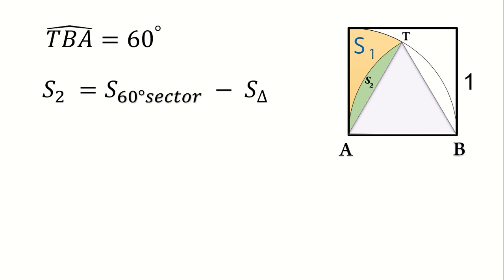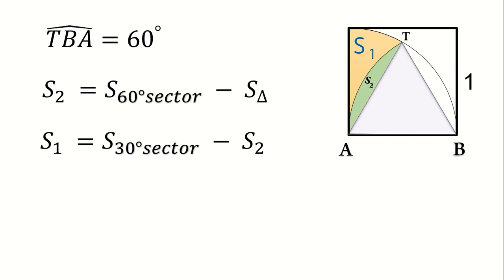So all we need to do is to get the S of 60 degrees sector and S of triangle. And then S1 is equal to S of 30 degrees sector of the whole circle minus S2. So all we need to do is to get the S2 area.